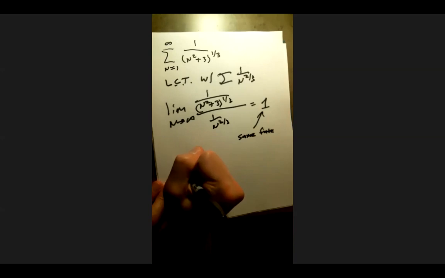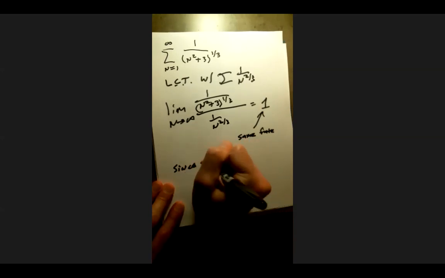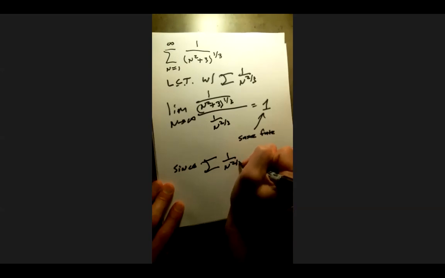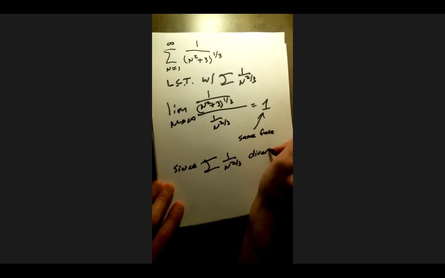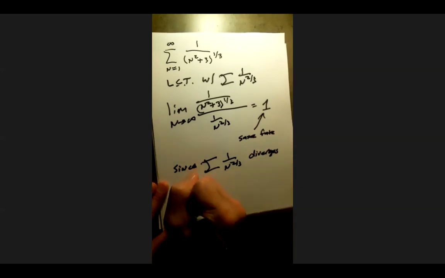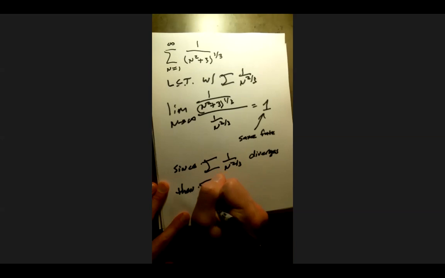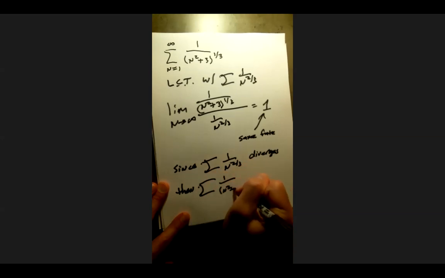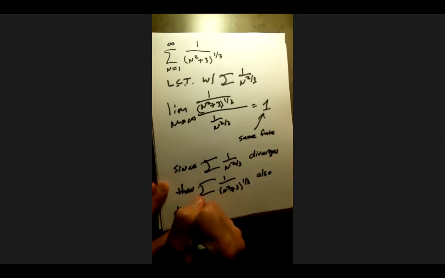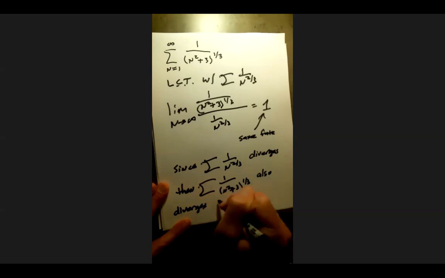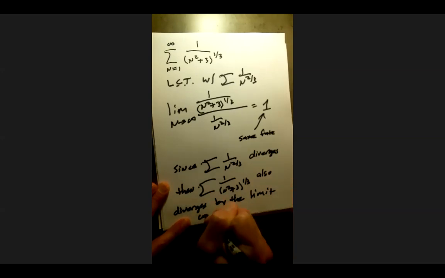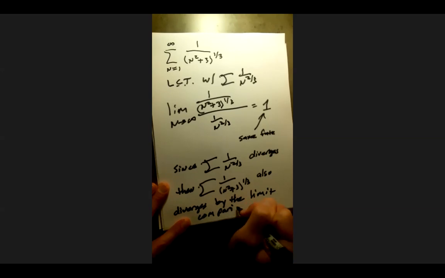So then we would say that since the sum of 1 over n to the 2/3 diverges, then the sum of 1 over (n squared plus 3) to the 1/3 also diverges, same fate, by the limit comparison test.